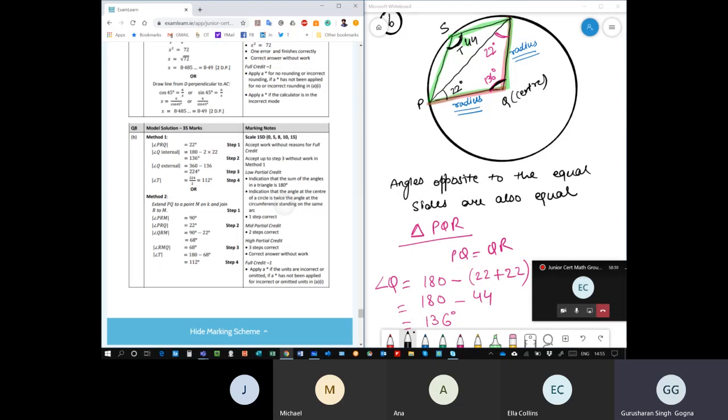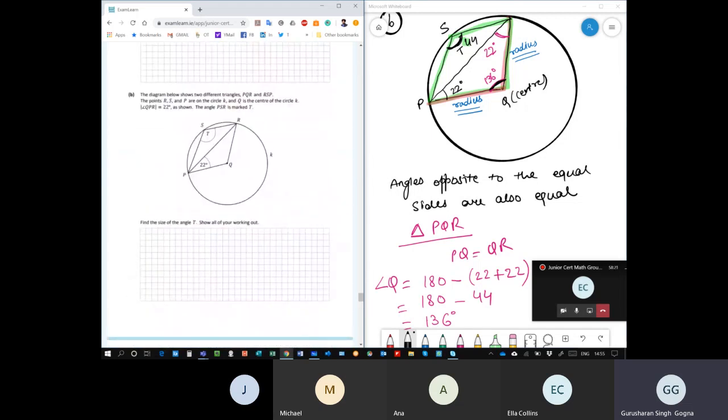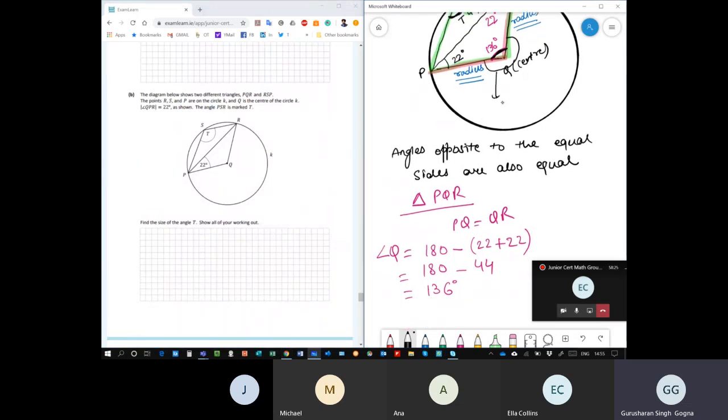So angle Q external is 360 minus this. Oh, okay, I got it. So what they're saying is this angle here is 360 minus 136, which will give you 224, isn't it? Yeah, 224.